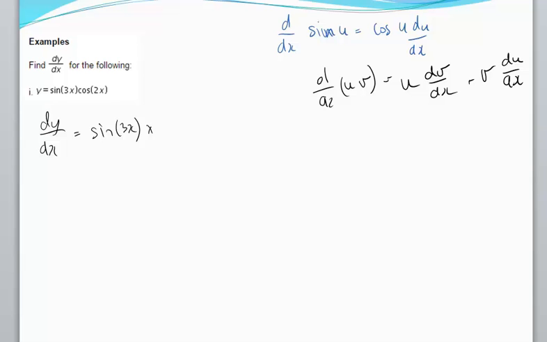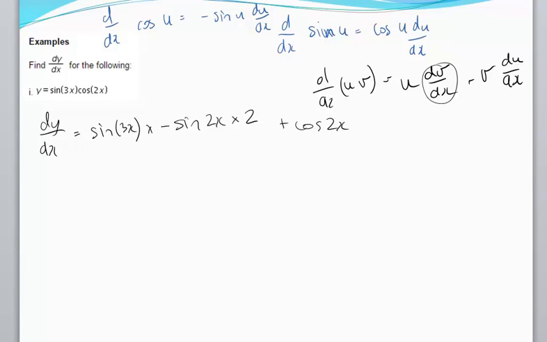We didn't write out our cosine rule here as well: d/dx of cosine of u is equal to negative sine of u du/dx. So sine of 3x multiplied by the differential of cosine of 2x, which becomes negative sine of 2x multiplied by du/dx, which is 2. Then our next part will be our v, which is cosine of 2x, multiplied by du/dx.